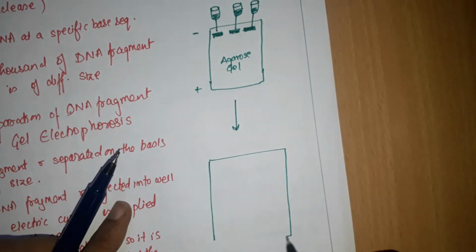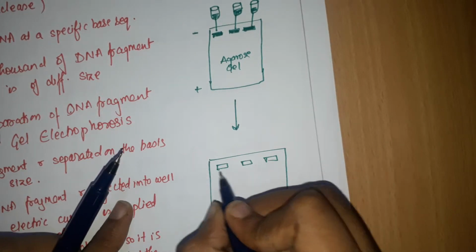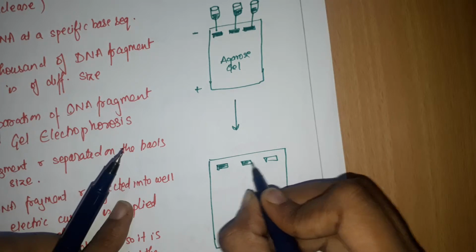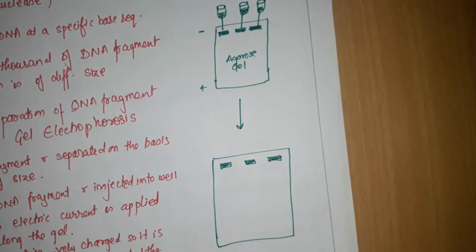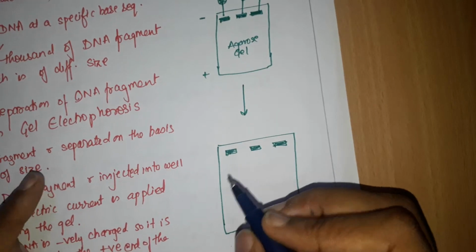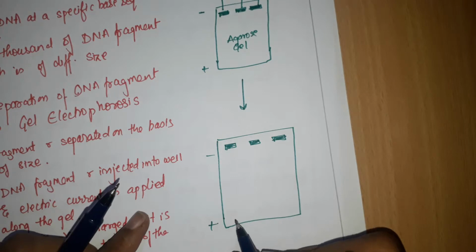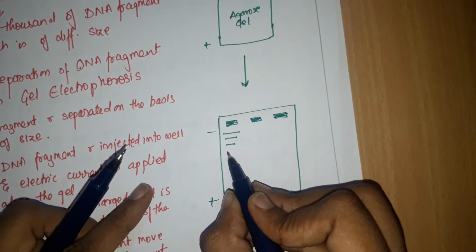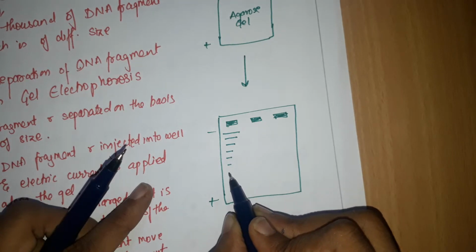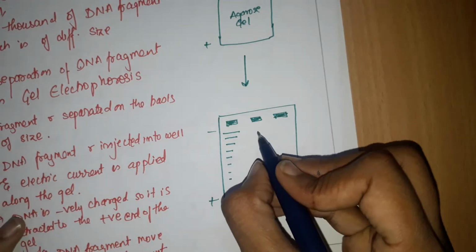This is our gel electrophoresis. These are already injected with the DNA fragments. Now DNA is negatively charged, so it moved to the positive end. The shorter fragments move faster and reach the positive end.